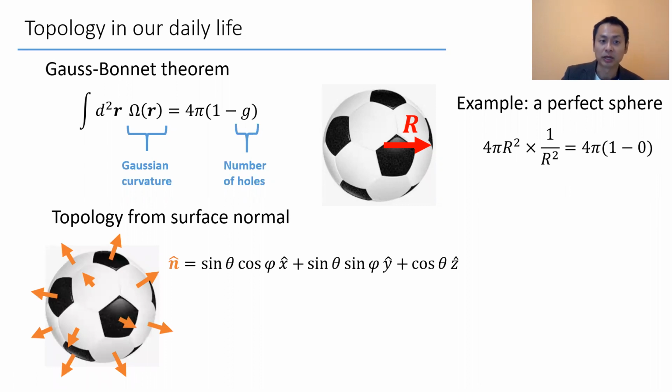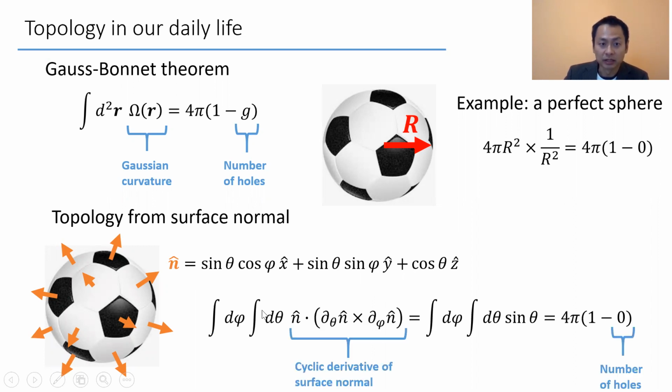However, there's also another way that you can calculate the number of holes on a sphere. Namely, you can calculate it from the surface normal of this perfect sphere. You imagine that there's a vector field that points outwards on the surface of every point on this sphere, which is described in the Cartesian coordinate in terms of the solid angles theta and phi in this manner, as you know about.